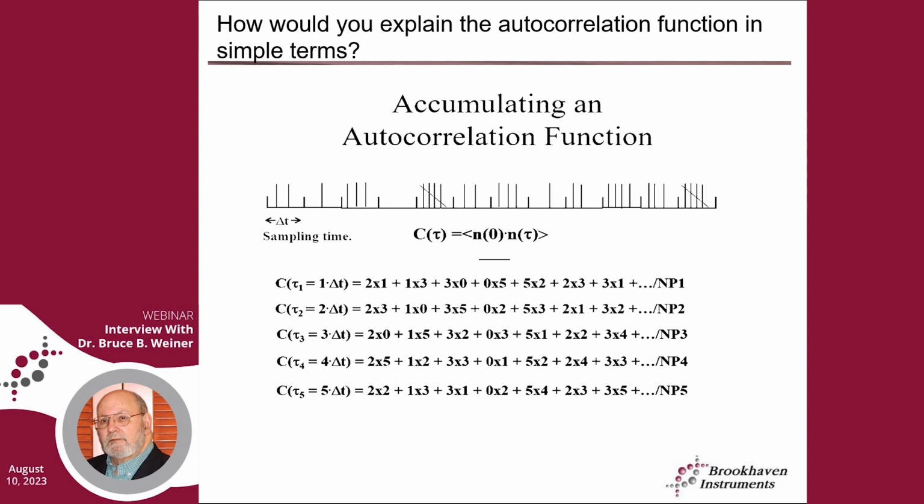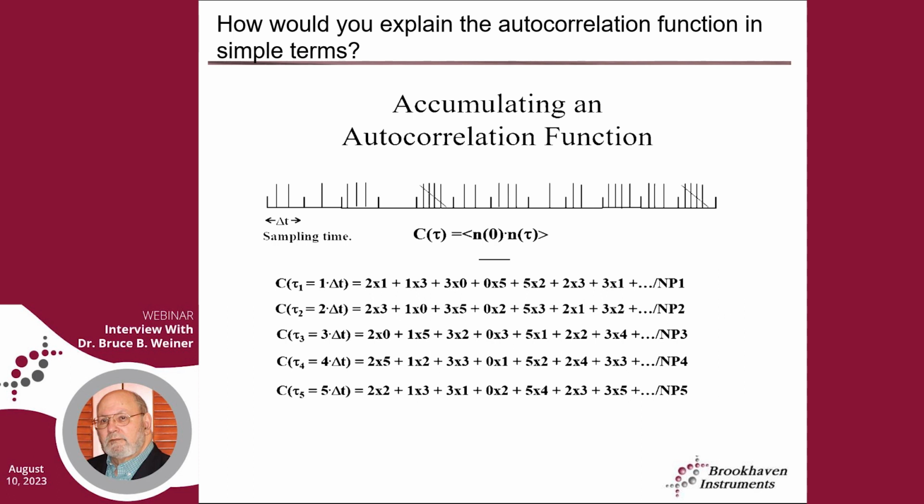create a correlation function. The correlation function itself, C of tau, can be described either for analog correlators as an integral, or it can be described the way you see it there, the ensemble average of n, the number of photopulses at some time 0, which is when you push the start button, times the number of photopulses delayed a certain delay time tau, where tau is some multiple of that sampling time.